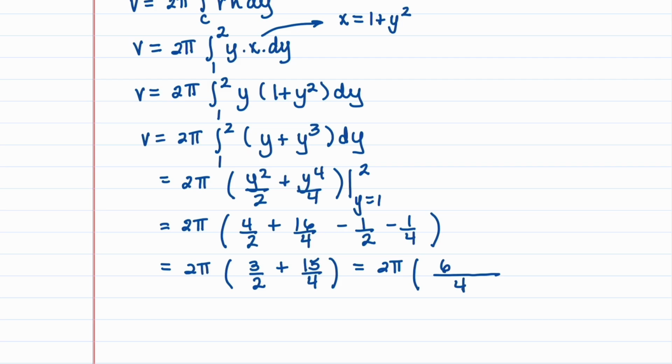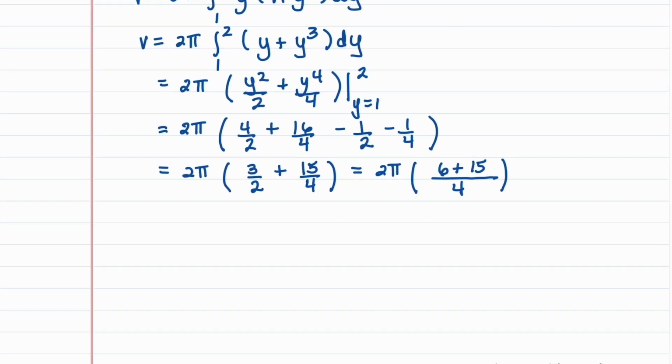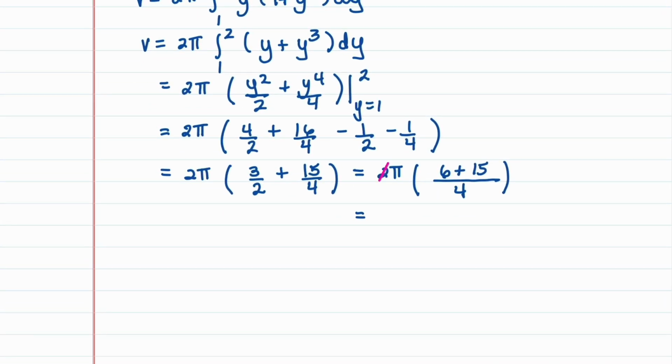So this is 6 plus 15. We can cancel the 2 into the 4. So this gives us 21 pi divided by 2. And this tells us that our volume of revolution is equal to 21 pi over 2.